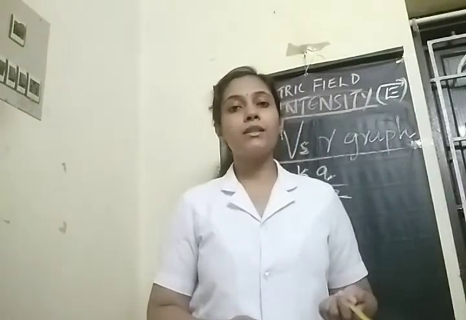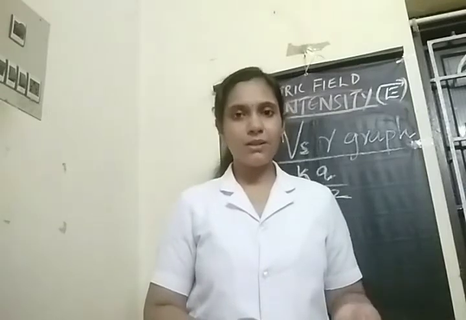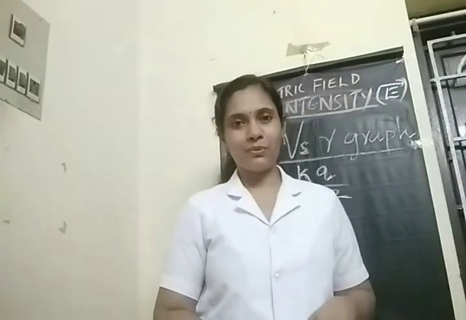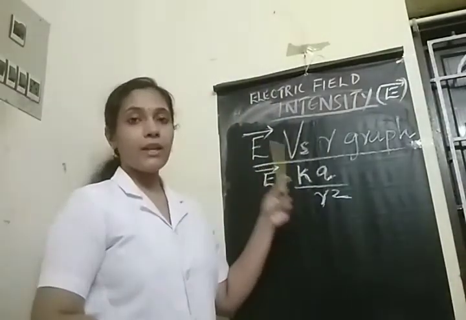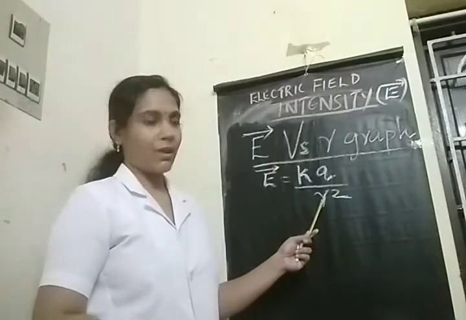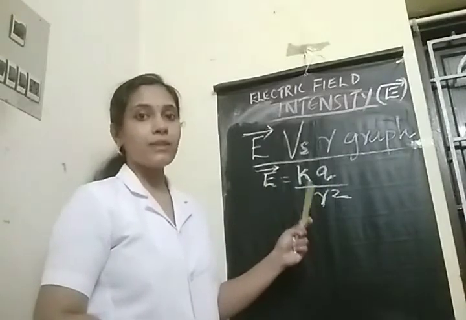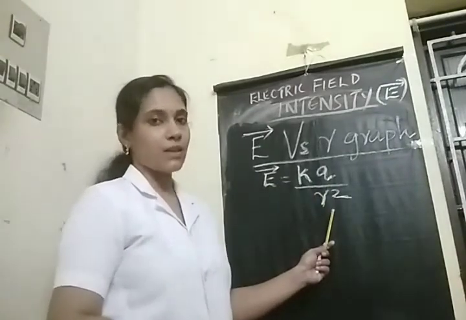Now let's discuss the nature of the electric field intensity versus r graph. r means the distance between the point P and the charge Q. In order to obtain the nature of the E versus r graph, it's convenient to use the expression E = K Q / r², because this expression helps us understand the relationship between electric field intensity E and the distance r.